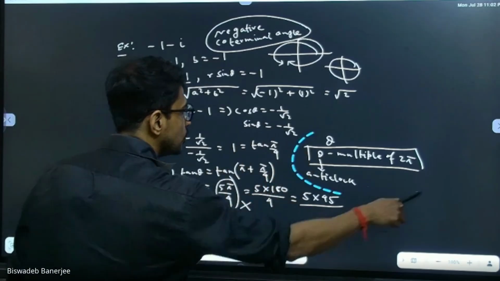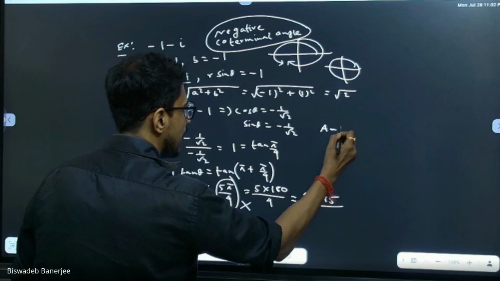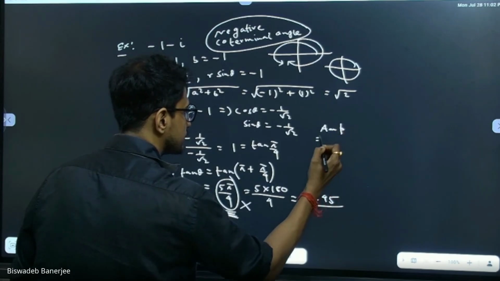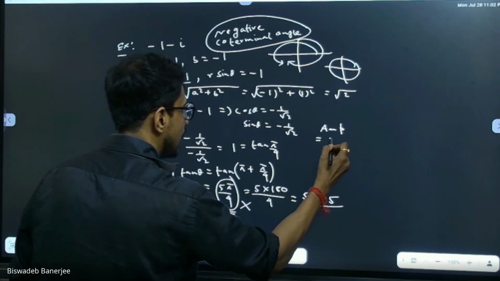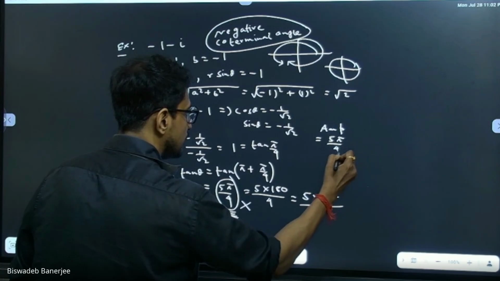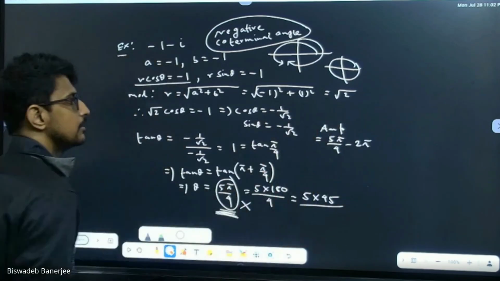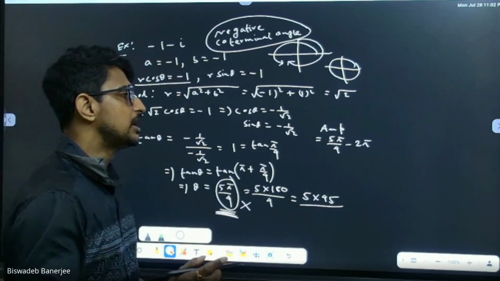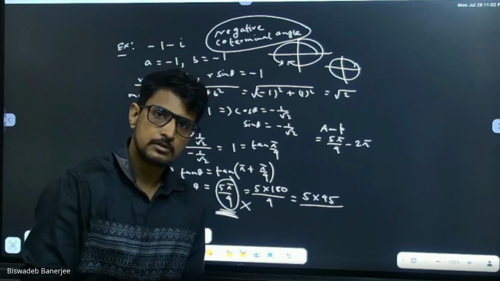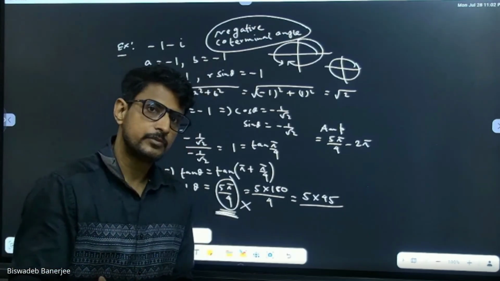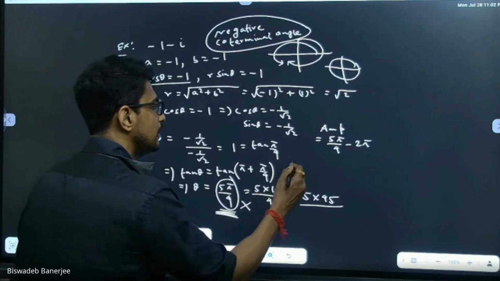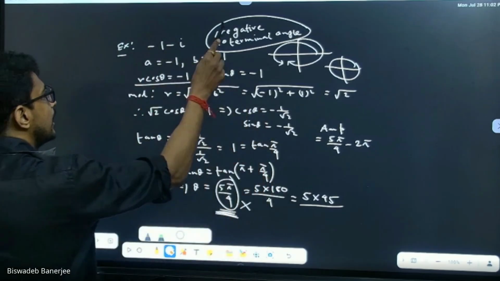Then my amplitude will be theta minus 2 pi, taking that multiple as 1.